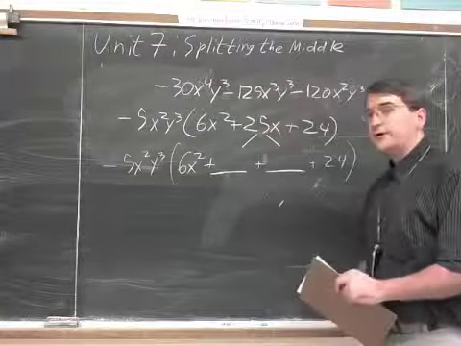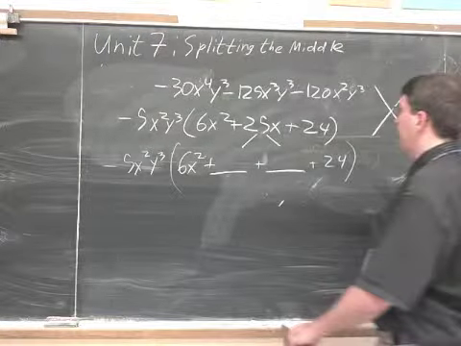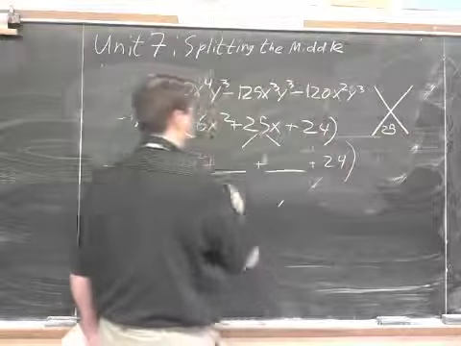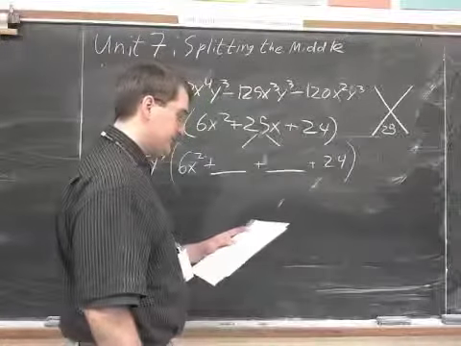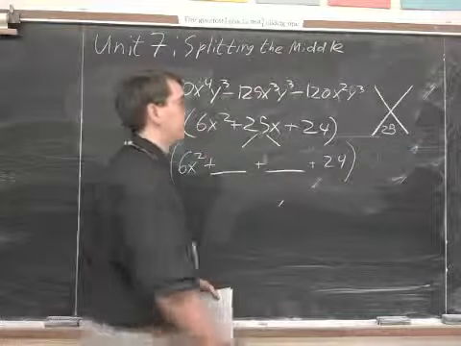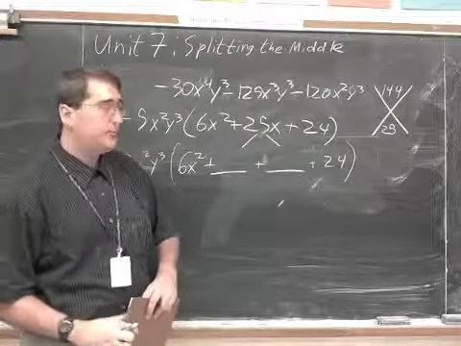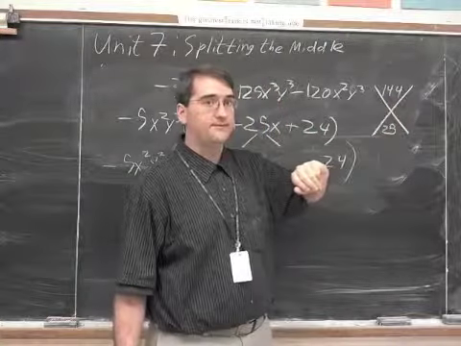As before, I want to find 2 numbers that add to 25 and multiply to the same thing as 6 times 24. And 6 times 24 is 144. I want 2 numbers that multiply to 144 and add to 25.